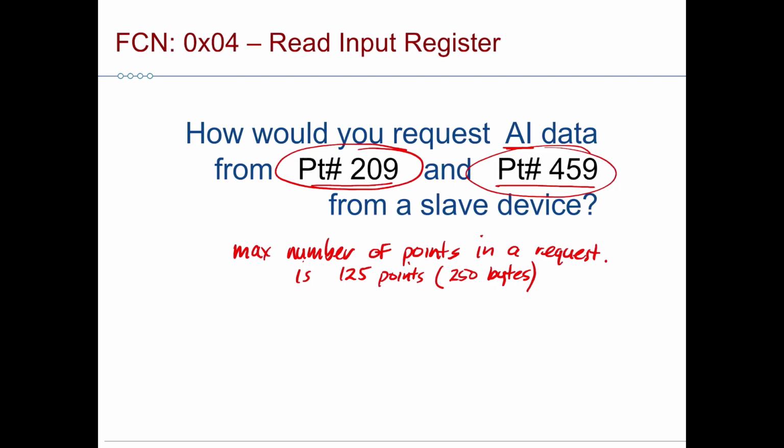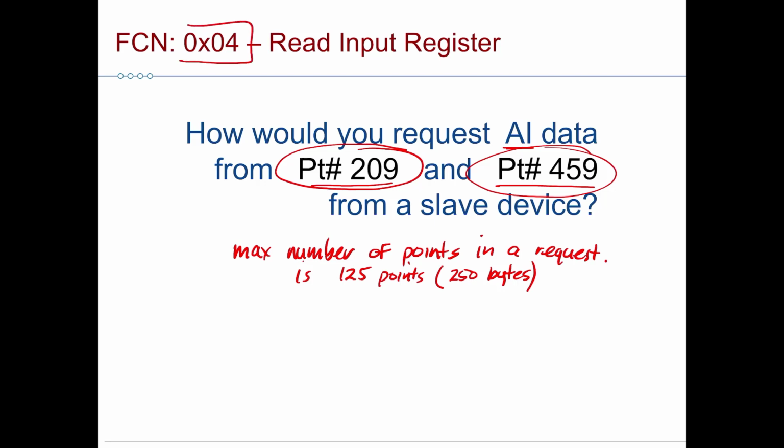So basically, and this is really kind of pointing to a deficiency in Modbus, the only way we could do this was to send two separate requests. You would send what would be your function code to read an AI?